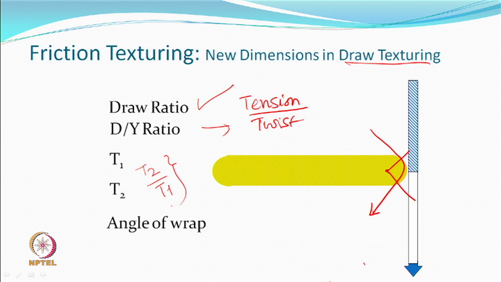Then this angle of wrap, which is this angle. In case this angle of wrap is 0, let us say, that is just not wrapping. The angle is 0, wrap is not happening. Then also you might appreciate that all of them may be moving in whichever direction they want to move, there may not be any twist.